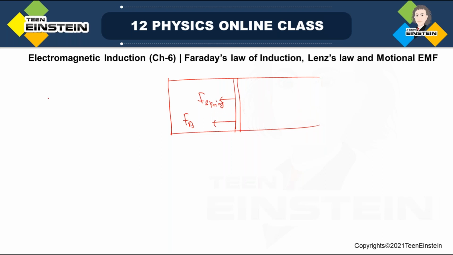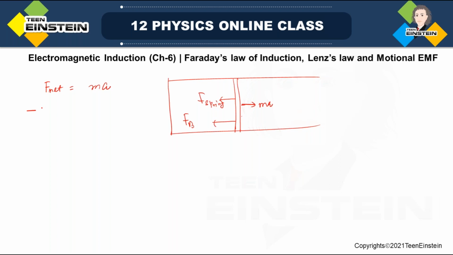Okay. So net force F net will actually be equal to MA. So F net is equal to M into A. If you just pull it this way, the spring force is this way, and the magnetic force will also be in this way.